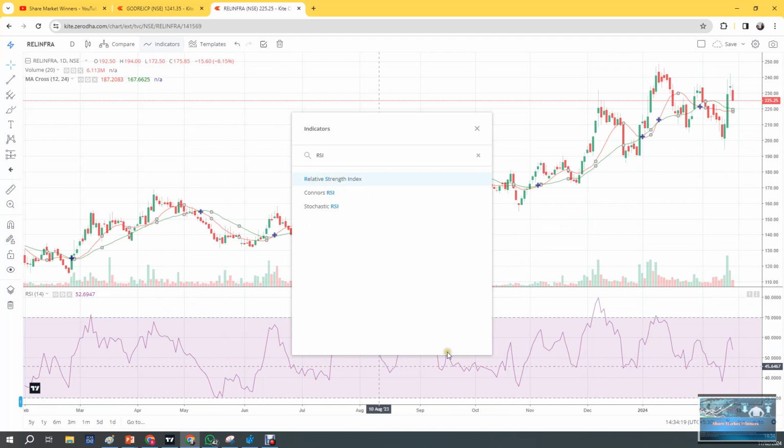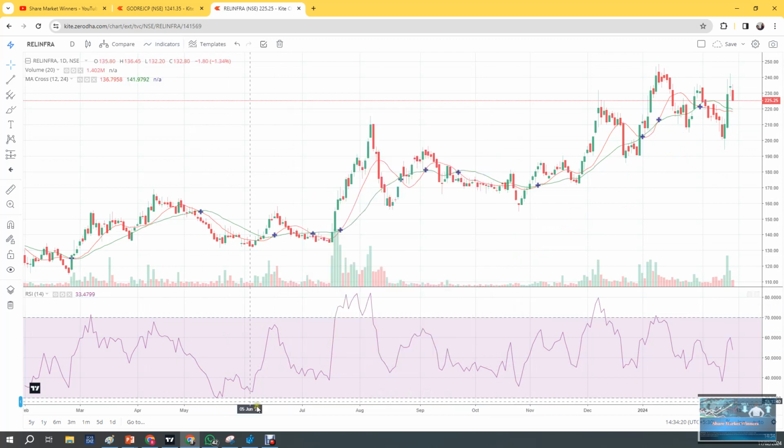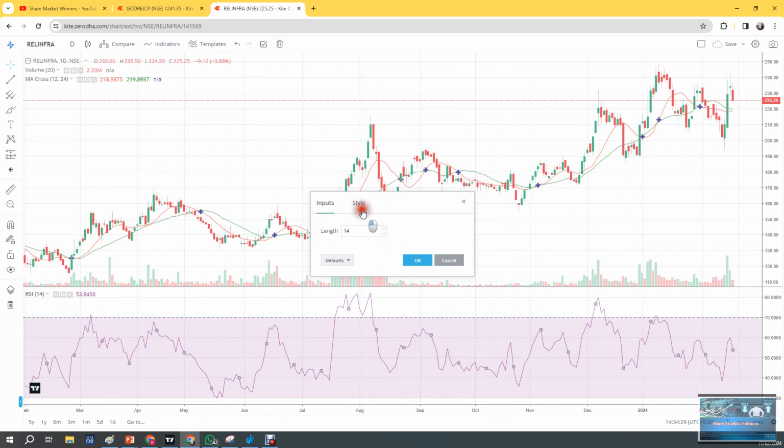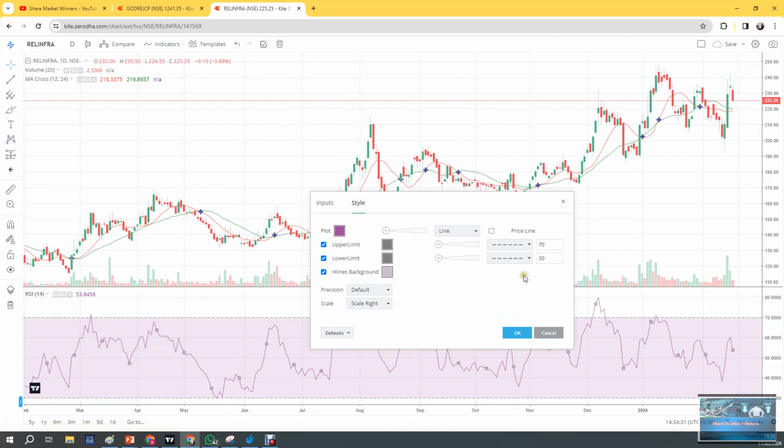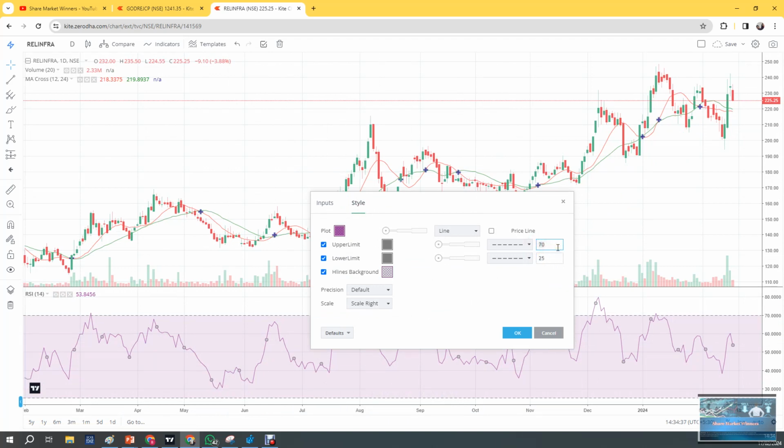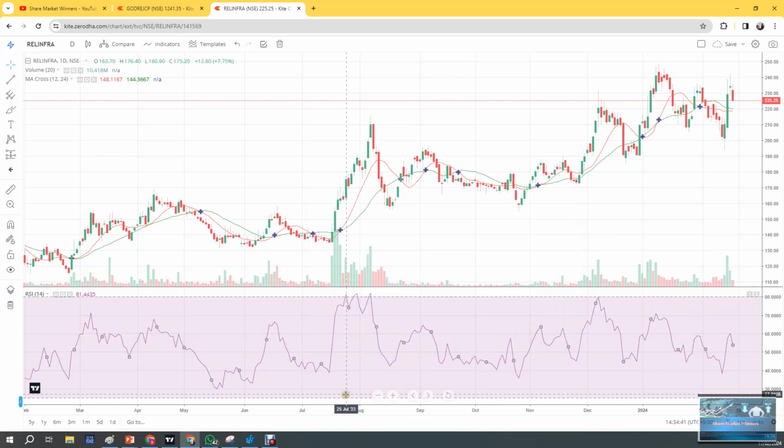The relative strength index also shows whether it is in the overbought or oversold zone. So you can adjust the settings as I mentioned before, whether 25 or 80, so that those dotted lines or the overbought and oversold zones can be marked.